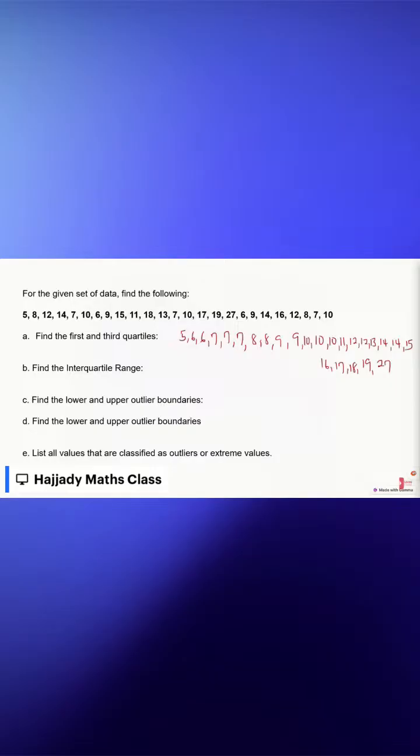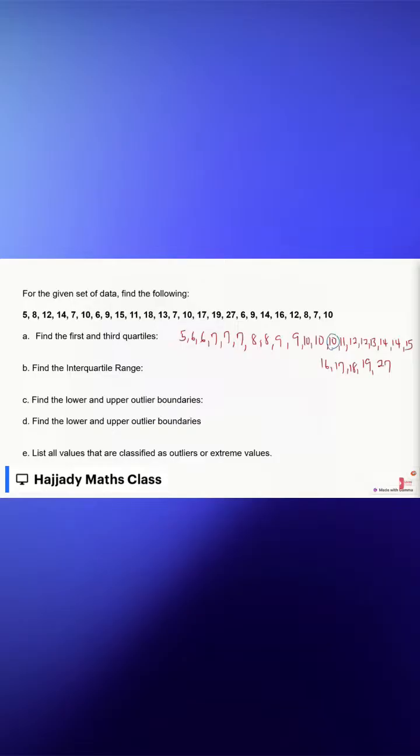So the question is, find the first and the third quartile. Now, for the first quartile, you have to divide the data set into 2. The data set has 25 values. You divide the data set into 2, leaving out the median. The median is this 10.